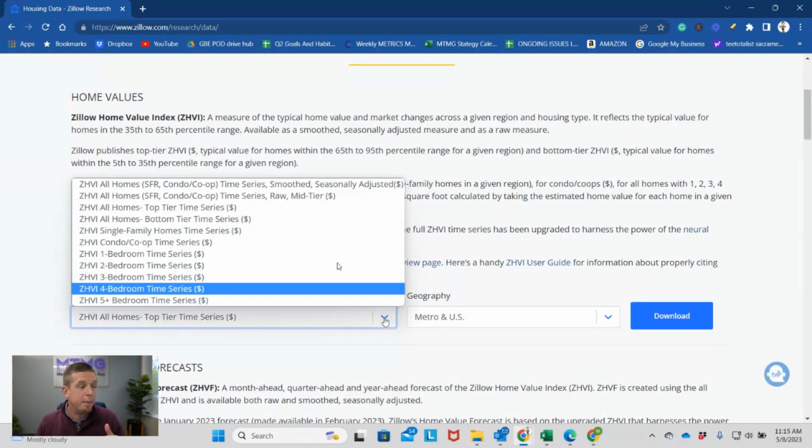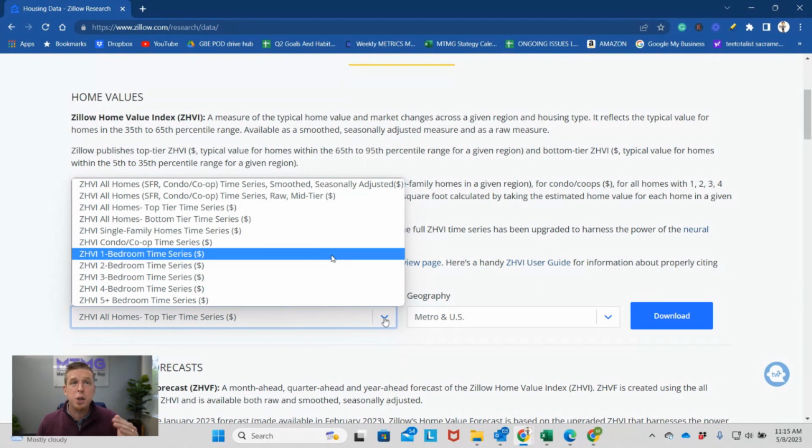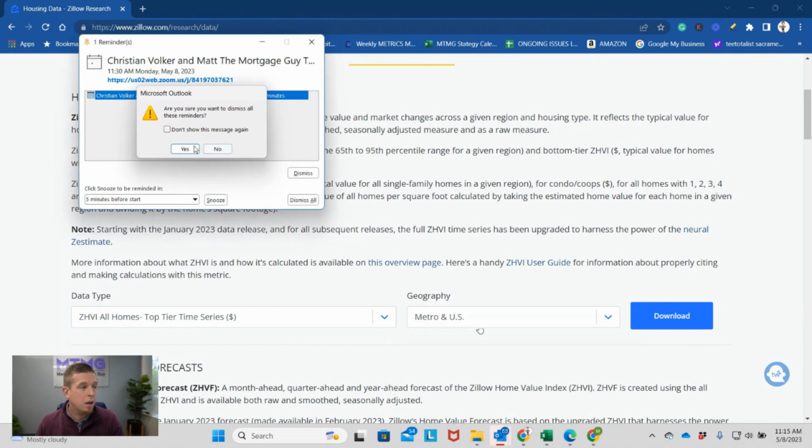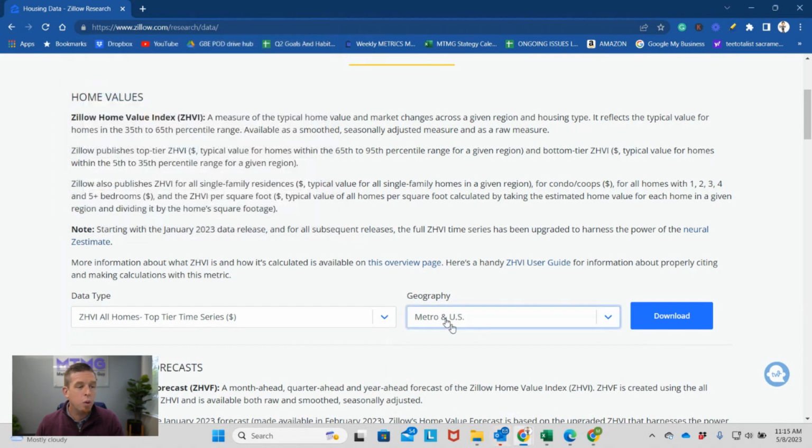And then you can pull it by 1 bedroom, 2 bedroom, 3 bedroom, 4 bedroom, and what those prices did over this time period, and either pick the metro and US, which shows you the major metros, or you can go by state, by county, by city, and narrow it down more.